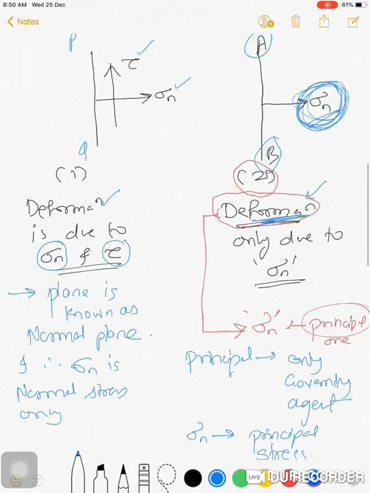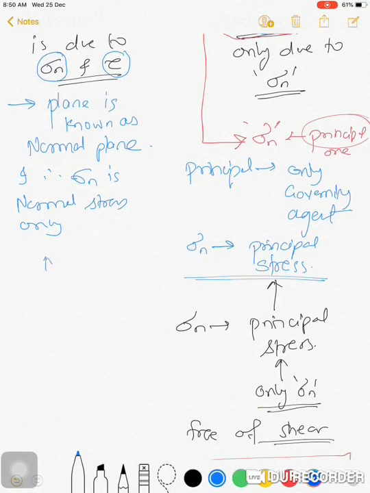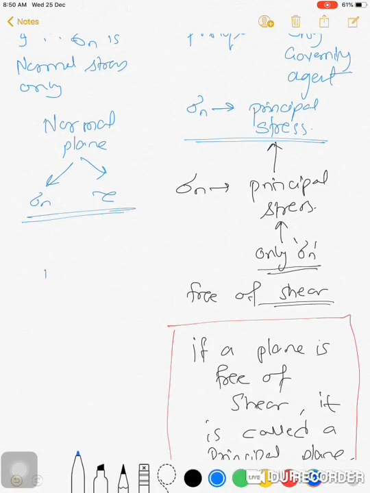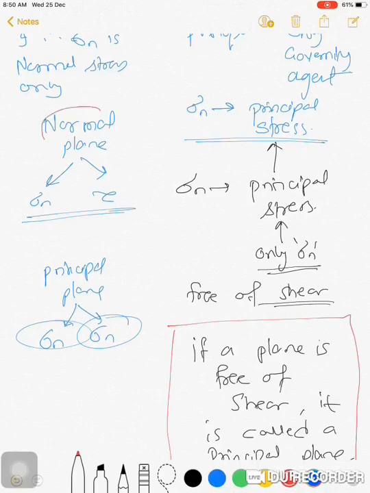Thus on a normal plane there are normal stresses and shear stresses, but on a principal plane there is only normal stress, nothing else. Okay, so in case of a normal plane there are shear as well as normal stresses, while in case of principal plane there are normal stresses only.